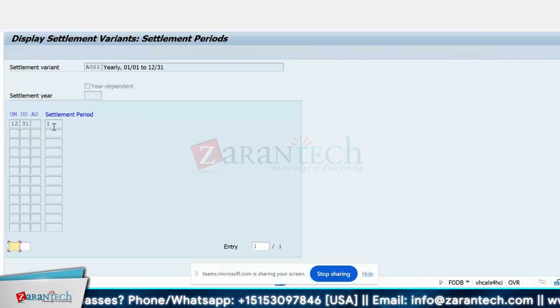Either 12 months will be considered or 31 days will be there. It will be considered as a variant. So if you see, first of every month until 31st of last month, that is how it is getting defined.